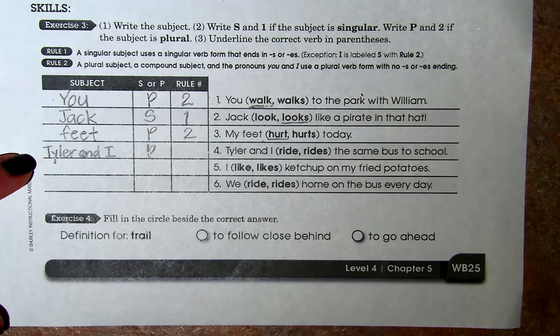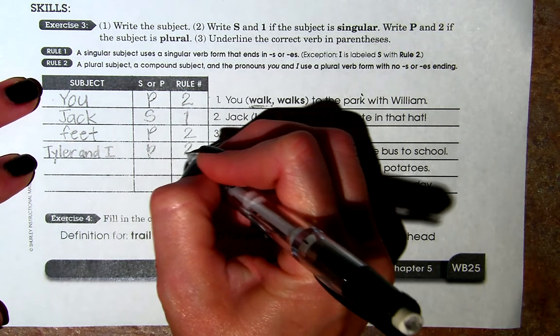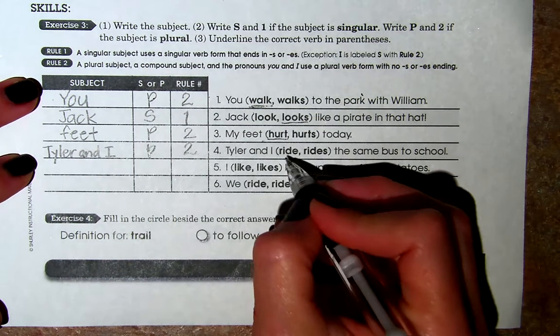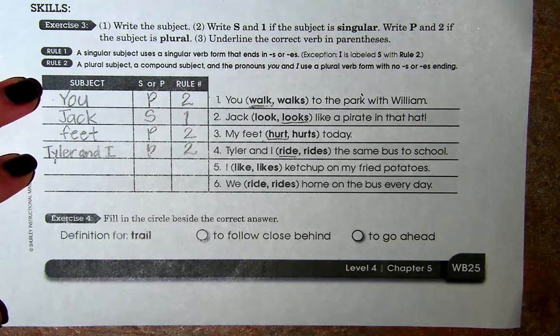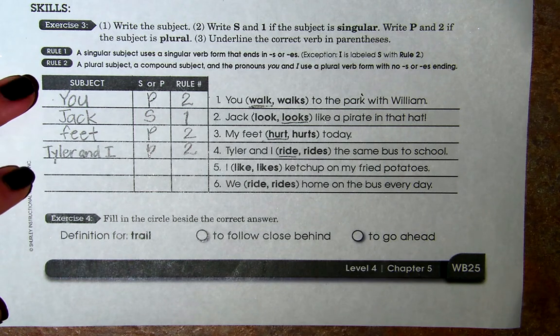Tyler and I, since that's plural, the verb that we're going to use follows rule number 2. So we choose the verb that does not end in S. And this one's a little bit easier also because it's Tyler and I ride the same bus to school, and it just sounds right. So hopefully that's pretty easy for you to pick out.